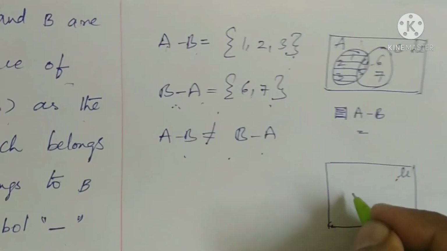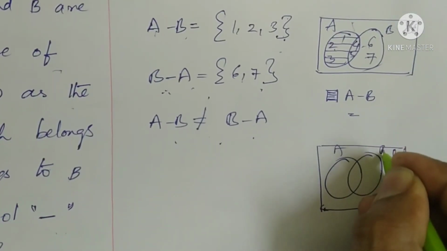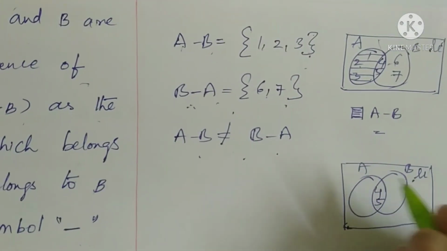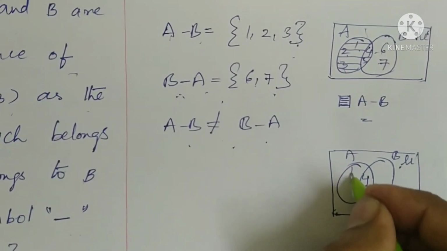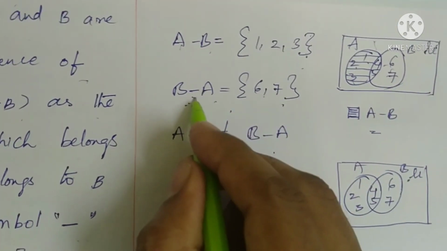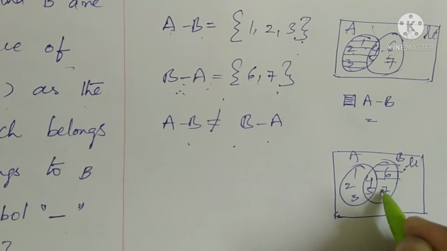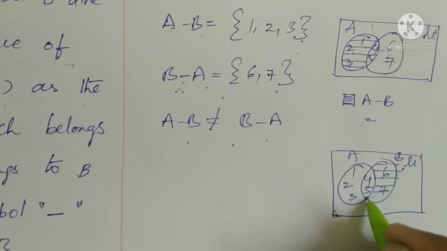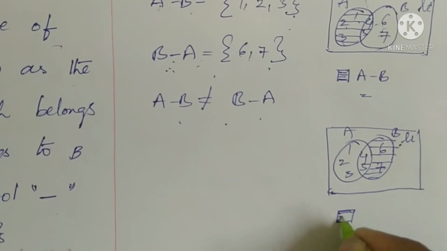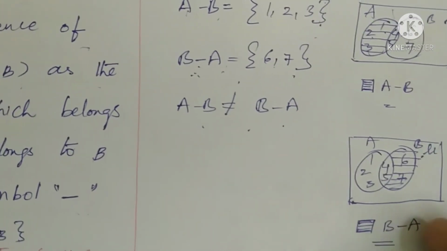So this is A, this is B. First we have to denote the elements of A intersection B. So 1, 2, 3, 6 and 7. Here B minus A means the elements which belong to B only, not belonging to A and the intersection points. So the shaded portion represents B minus A. This is the final result.